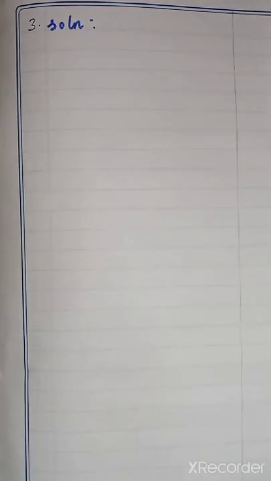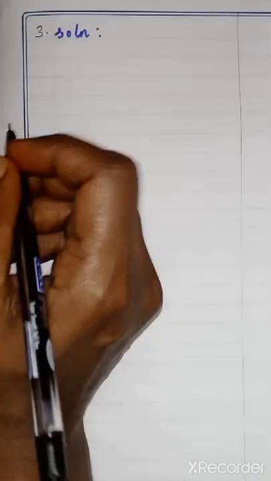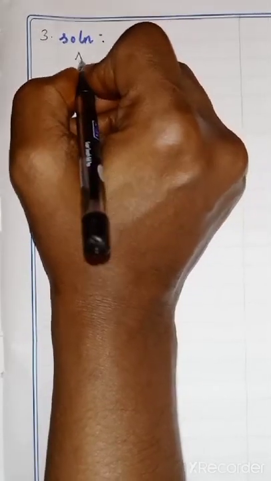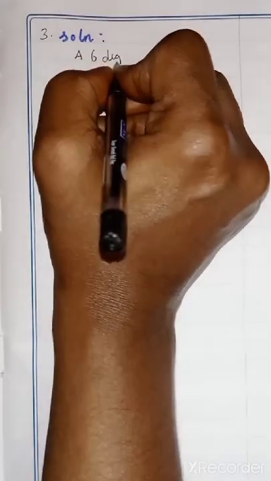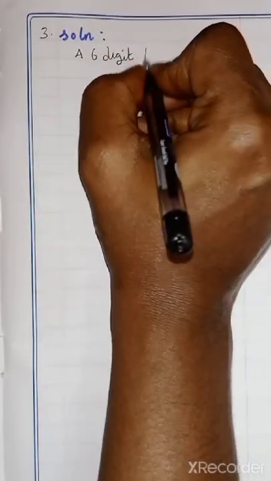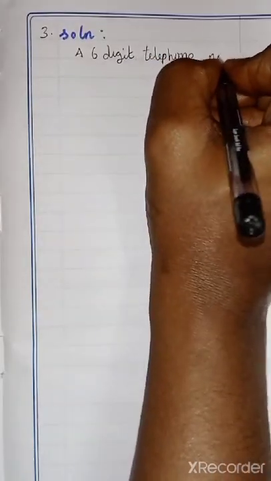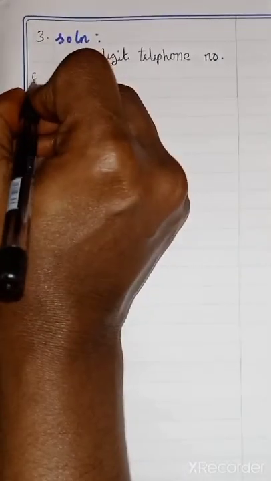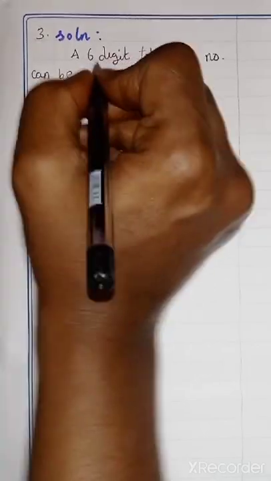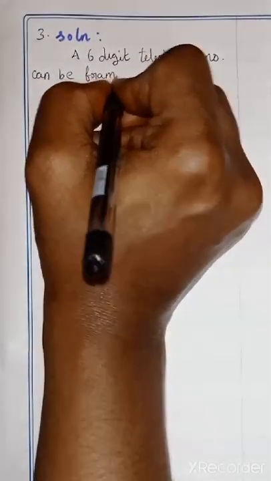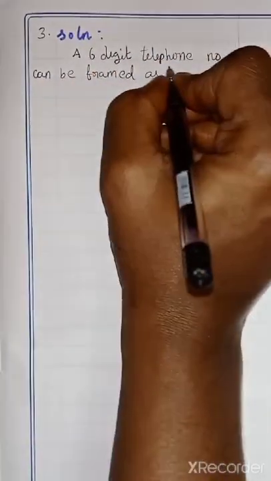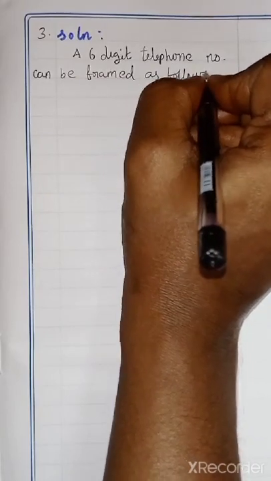And your next question, the third one. How many 6-digit telephone numbers can be constructed? So what we have to do? A 6-digit telephone number we have to form. Okay, and what is given?